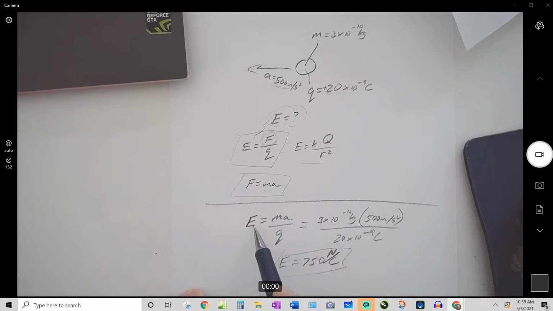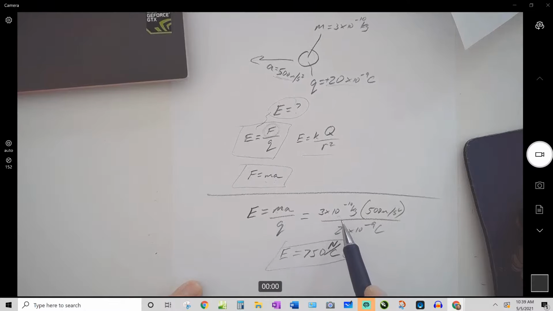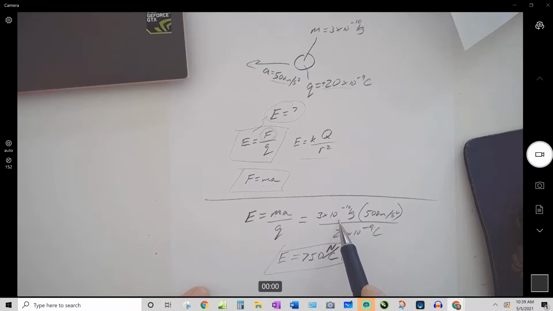So the electric field equals ma over q. The mass is 3 times 10 to the negative 10th kilograms, the acceleration is 500 meters per second squared, and the charge is 20 times 10 to the negative 9th coulombs.